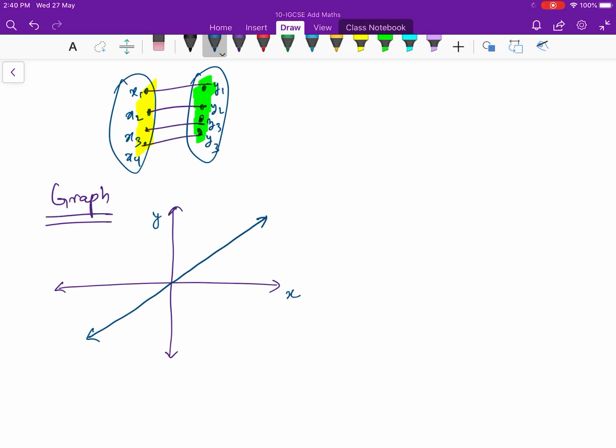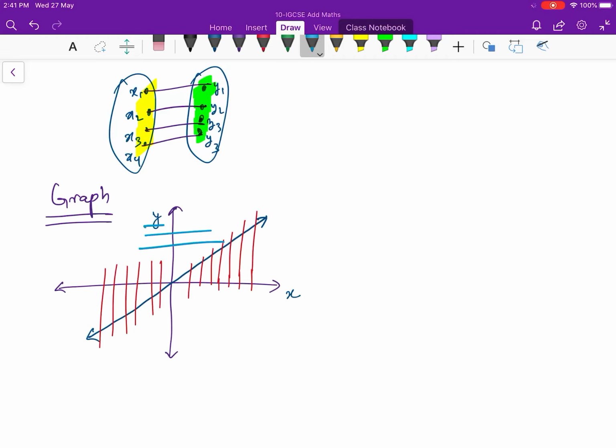Let's talk about x. The x value is basically all the vertical lines. All vertical lines can intersect this graph. Vertical lines show points on the x axis, and all the horizontal lines show points on the y axis.